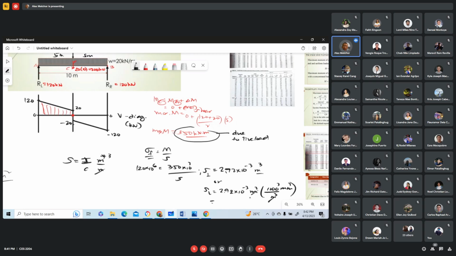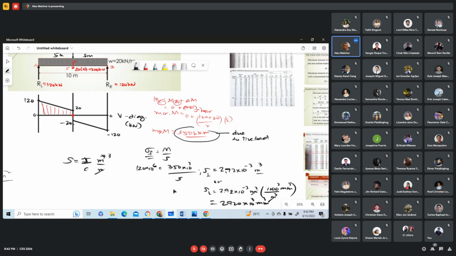So this gives us 2.92 times 10 negative 3 times 1,000 cube. That gives us 2,920 times 10 cube millimeters cube. Is it correct? Yes, sir.